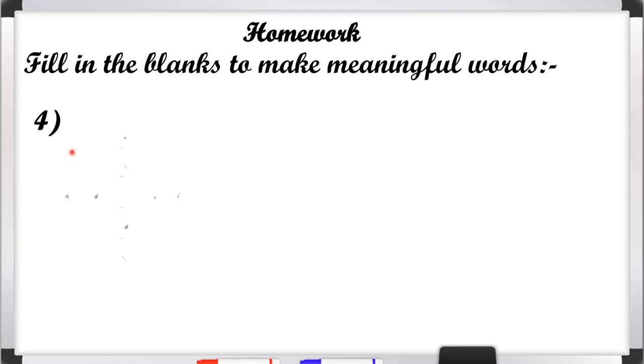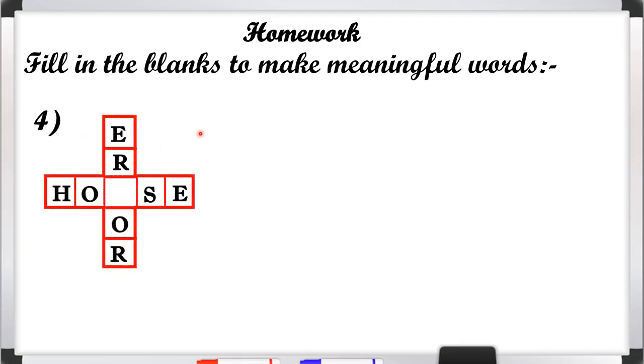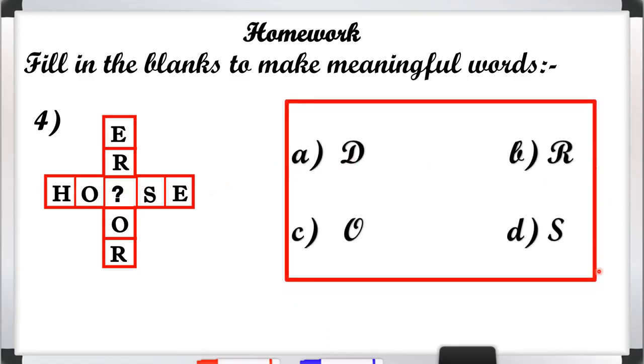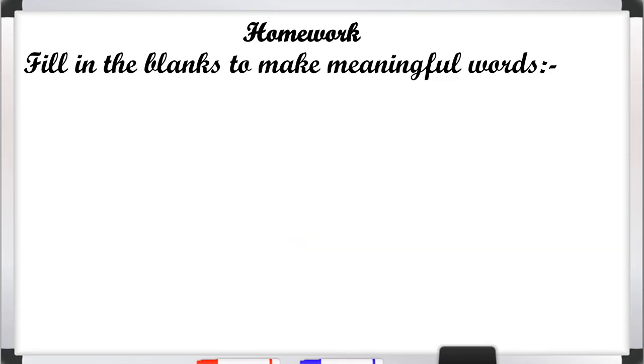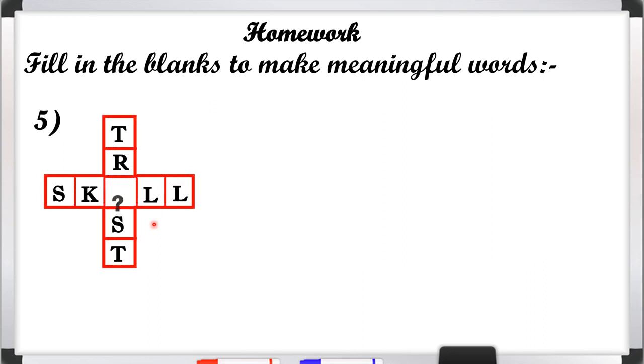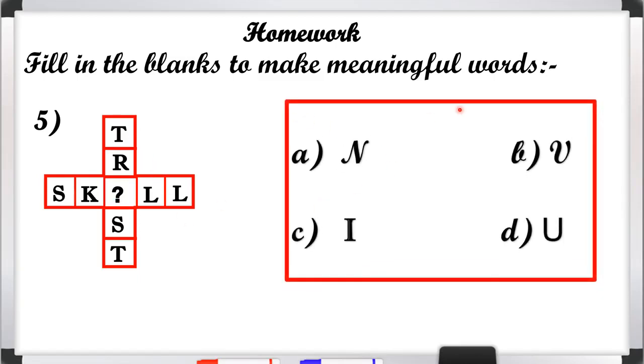Now in question number 4, again these are two words, okay, and you have to make meaningful words by putting correct option here, and these are the options, okay. Now question number 5, again we have given two words beta and with one question mark. You have to fill the correct letter to make both the words meaningful, and these are the options. Understood beta?